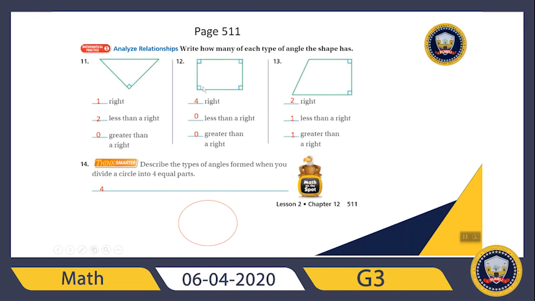What about this shape, this rectangle? In this rectangle we just see 4 right angles, no less than a right and no greater than a right.